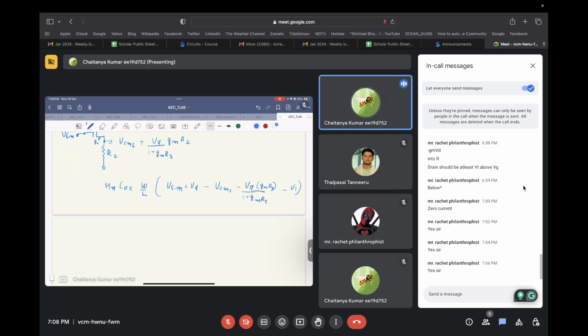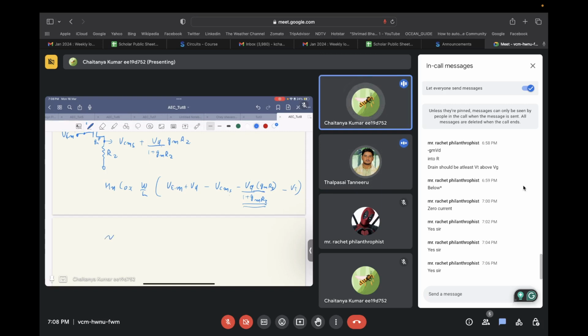So it's basically VCM plus VD minus VCMS minus VD times GMR2 upon 1 plus GMR2, minus VT. Correct? Now this GMR2 upon 1 plus GMR2 is roughly 1, right? Yes, sir.